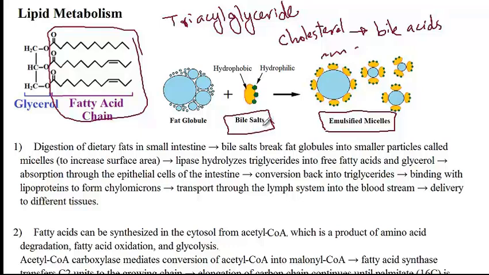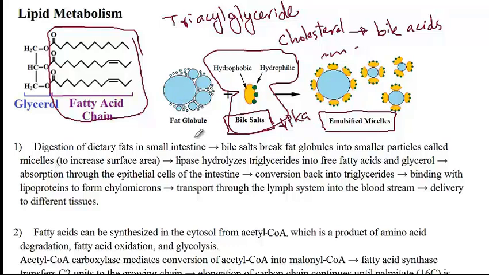The purpose of this conjugation is that conjugation of glycine or taurine decreases the pKa of bile salts, as a consequence of which, because the pH of the intestine is higher than the pKa of these molecules, they would be ionized. And so they would function more effectively in separating the micelles from the fat globules.